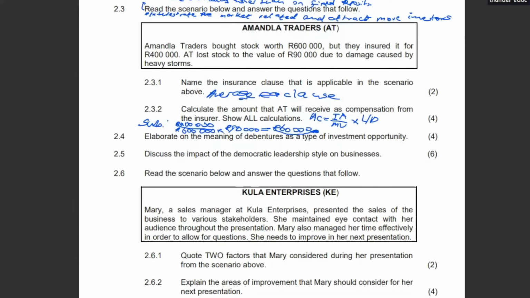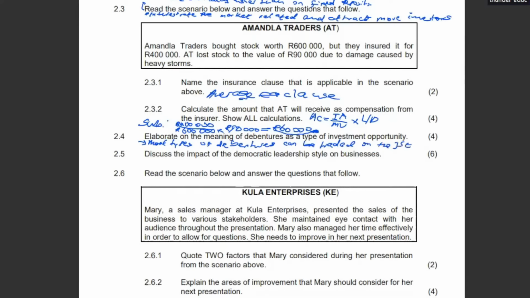So here we're saying that most types of debentures can be traded on the Johannesburg Stock Exchange.